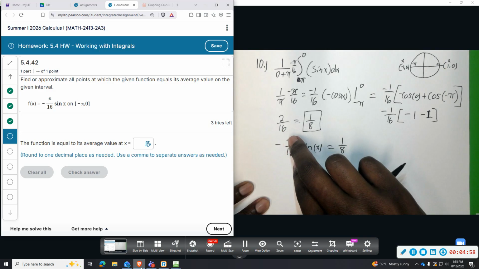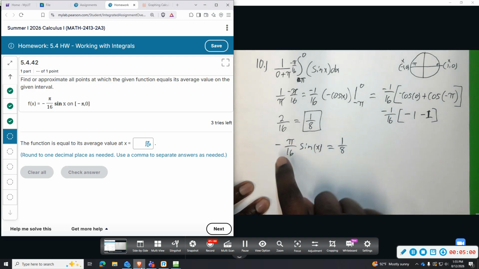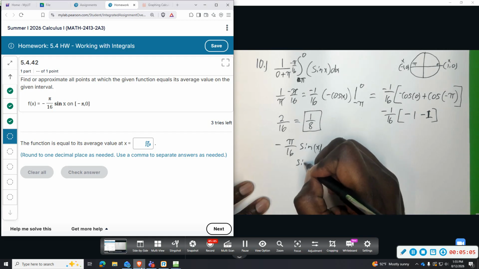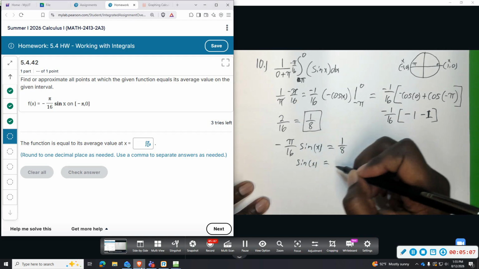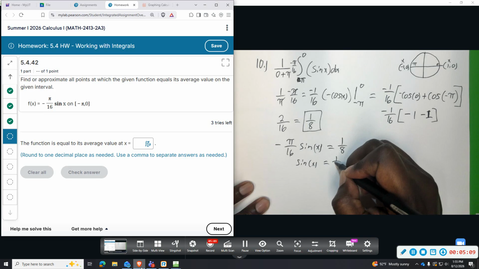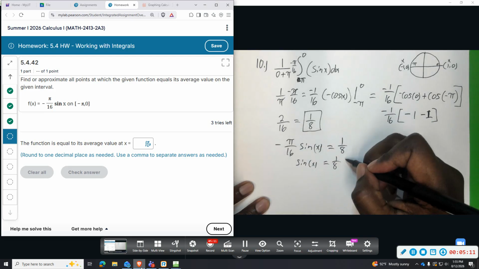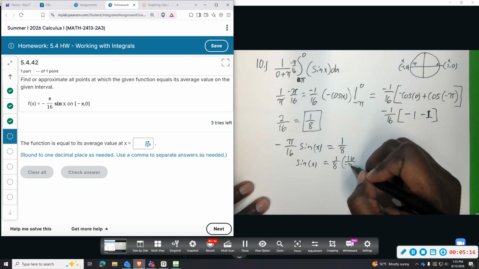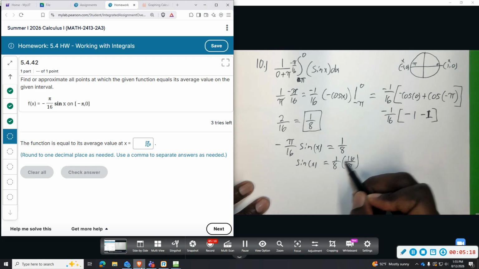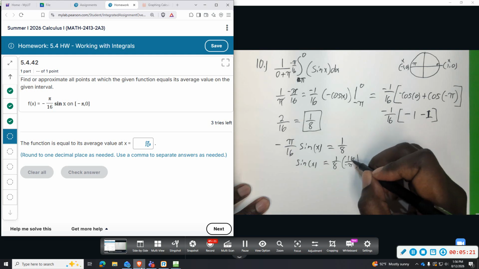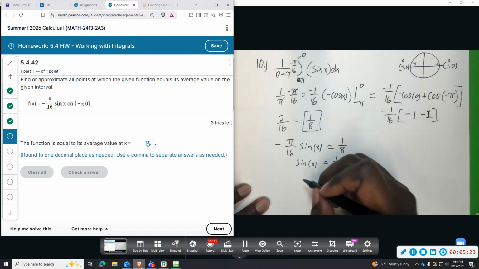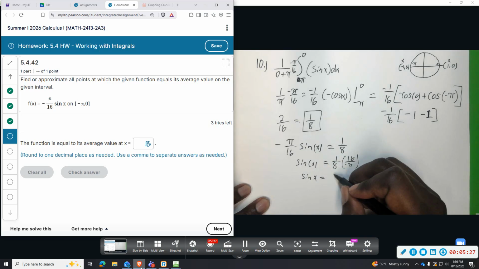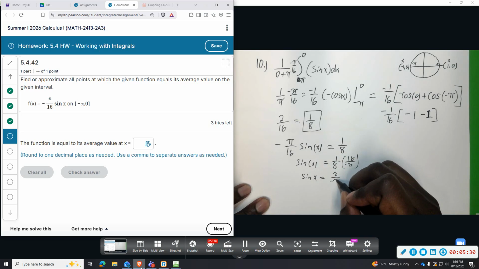We would multiply by the reciprocal to get rid of this, so you can say divide by, but multiply by the reciprocal. So we would end up with sine of x is equal to 1 over 8, and the reciprocal would be times 16 over negative pi. And then this would reduce to give us 2 over negative pi, so we have sine x is equal to 2 over negative pi.